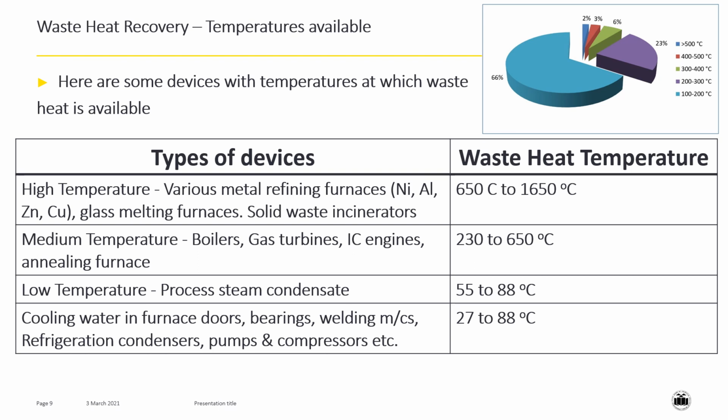In high temperature, there are various metal refining furnaces like for nickel, aluminum, zinc, copper. Also, glass melting furnaces, solid waste incinerators, and the temperature of waste heat available is 650 degrees centigrade to 1650 degrees centigrade.